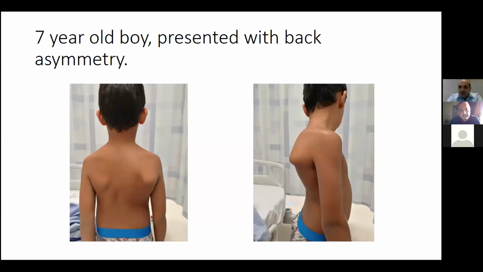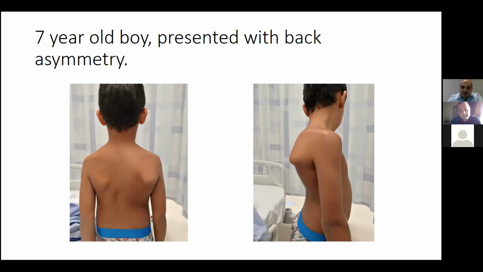We come back to our case, this 7-year-old kid. If we go through the history, usually the history of scoliosis is not that big, because we ask how much attention was paid to the deformity, whether there are previous chest X-rays for any reason, and whether he was treated before, for example started on a brace.